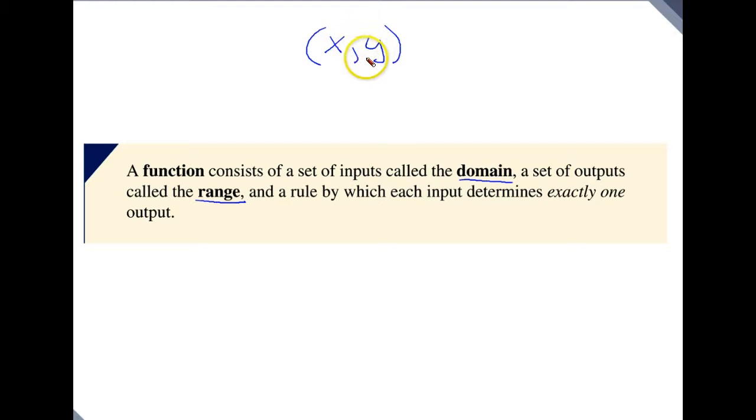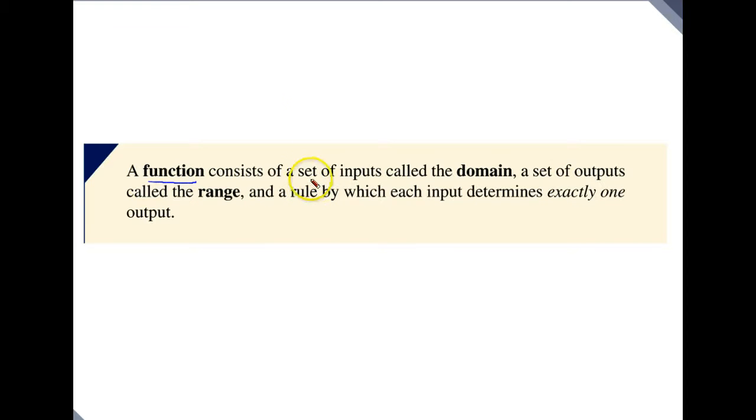So what we want to do is, in a particular function, what values could you have for x and what values could you have for y? And another thing they're doing there is to ask you what is a function itself.